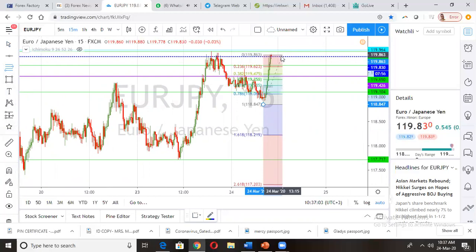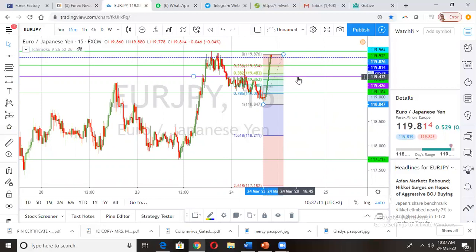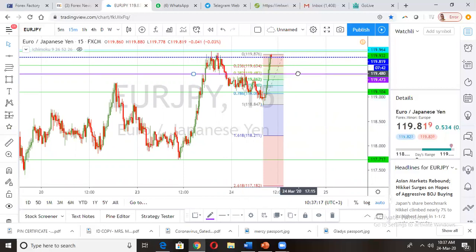If there's a reversal, a pullback, it would probably get to the 382 region, which is near this 119426, which does make sense. So I'll just put it there. This would be a very good buy opportunity.